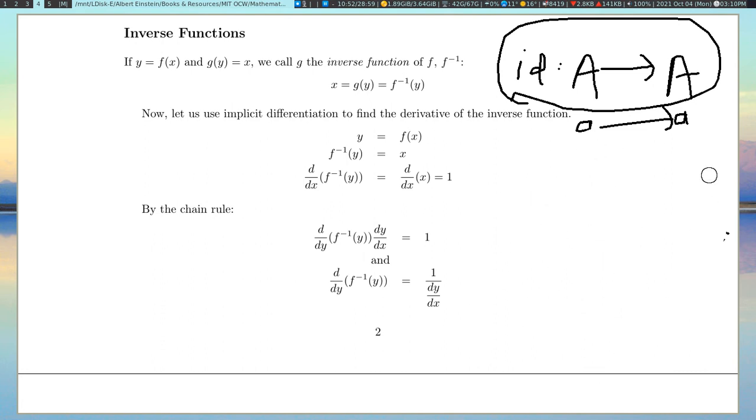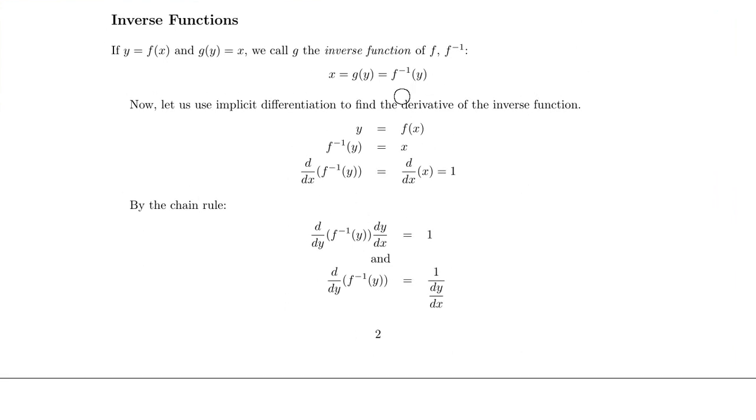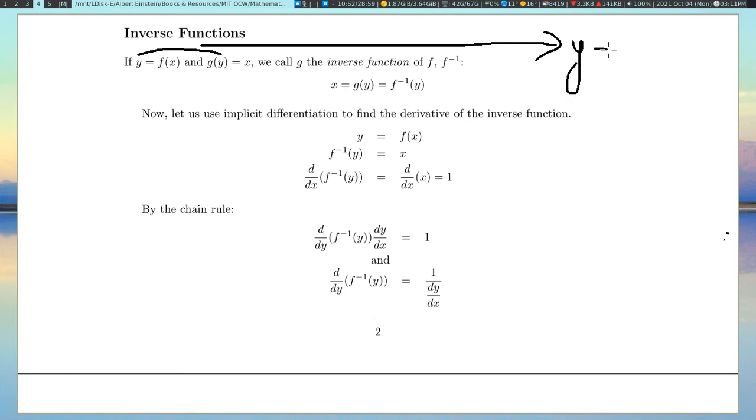So how do we go from here to where we were? This setup means that y is equal to f of g of y, because that's what we set x to be. g is a function of y, and that is equal to x. So g happens to be the inverse, as we said before.